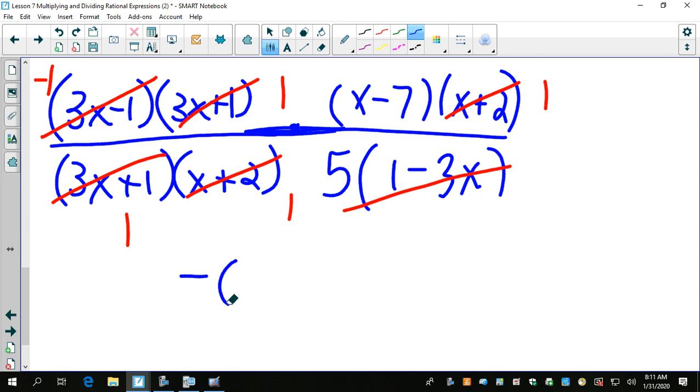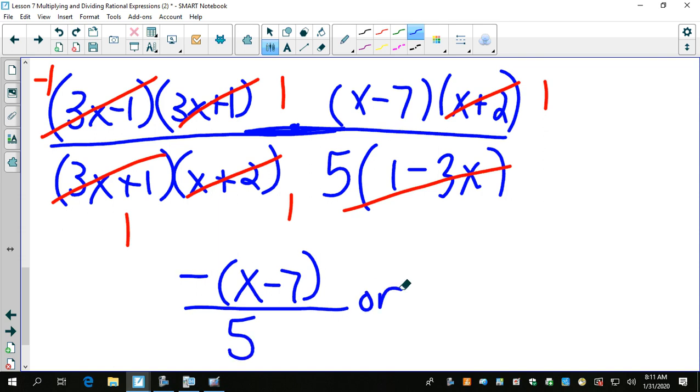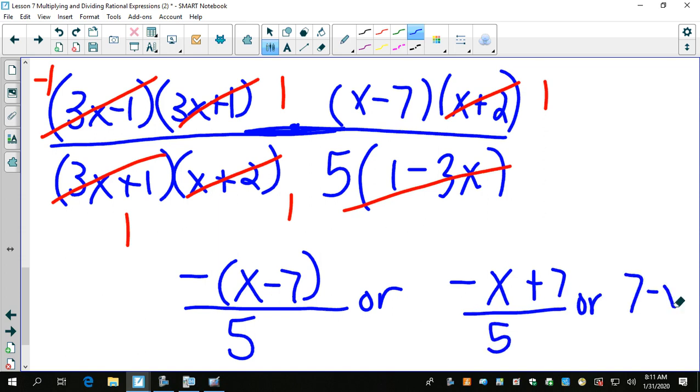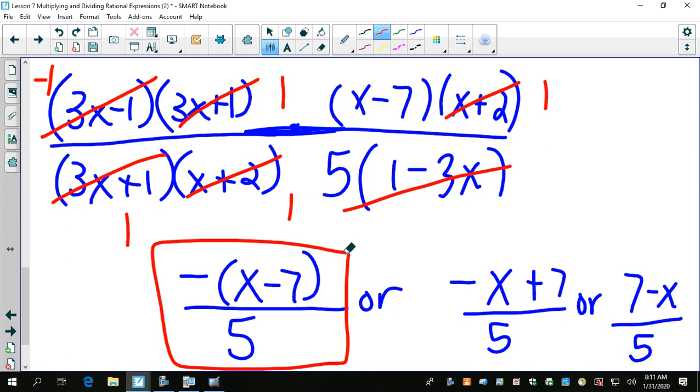X plus 6, negative x minus 7, don't forget the negative, over 5. Now, you could distribute through with the negative, and then flip that around, because they always do that. Those are all the same. However, I feel that this is the best. You don't have to go further from there.